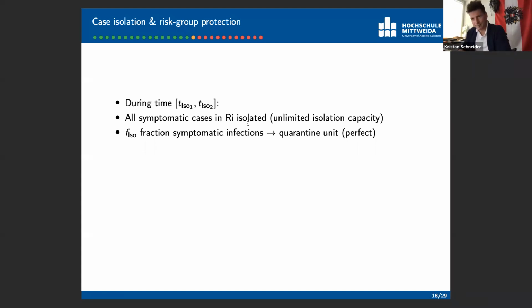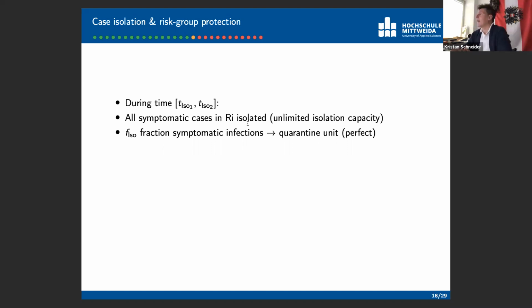it's not as easy. There might be some individuals with mild symptoms, but they are not diagnosed with COVID. They think they have the flu. They don't go to the doctor. They have some kind of symptoms, but they're not isolated. So in the general population and in the staff, only a fraction of symptomatic infections will be isolated.